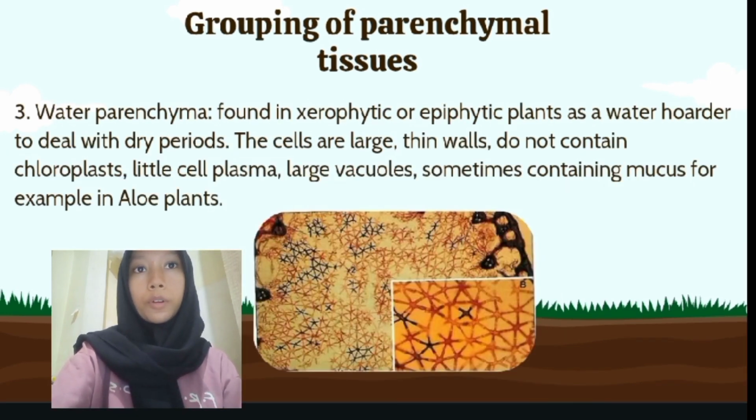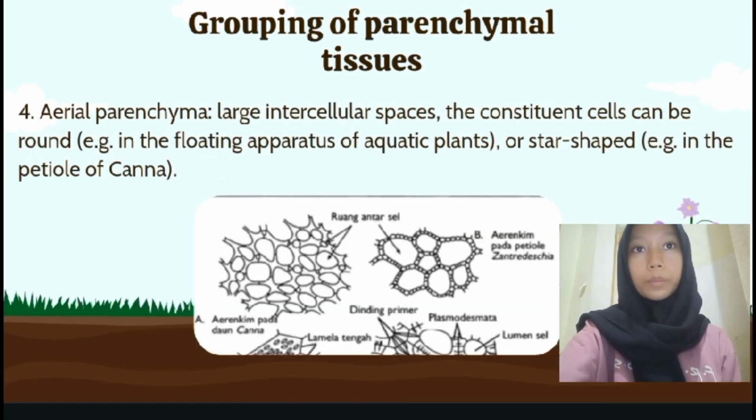Third, water parenchyma, found in xerophytic or epiphytic plants as a water holder to deal with dry periods. The cells are large, with thin walls, and do not contain chloroplasts. Little cell plasma, large vacuoles, sometimes containing mucus, for example in aloe plants.